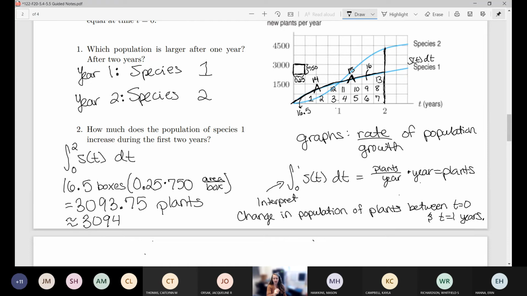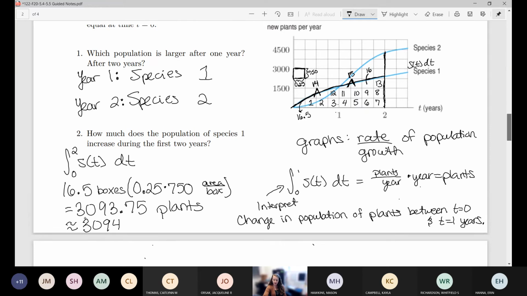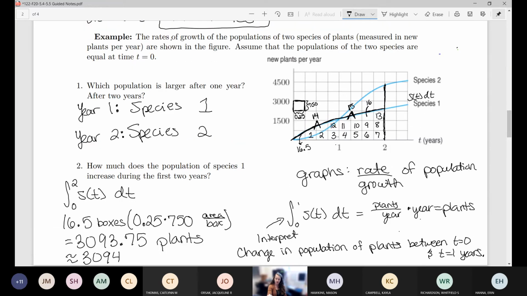Technically, that's only telling us how much the population has grown by. So we might not even know the full population unless we're told the amount that the population started at. Now, we didn't need to worry about that for the first question because, in the original statement of the problem, it said assume that the populations of the two species were equal at time equals 0.